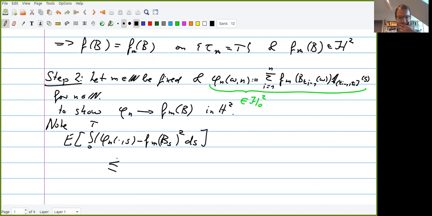Let's first plug in the definition of phi_n, and then we pull out the sums.